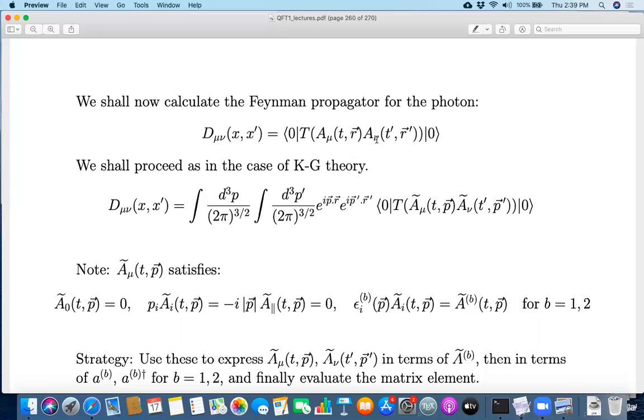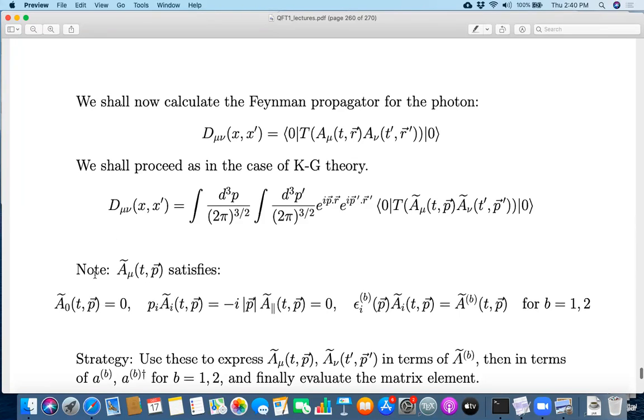And to do this calculation, we will proceed exactly as in the case of the Klein-Gordon theory. Namely, we will first write this D mu nu in terms of its Fourier transform. And it will be understood that when I say you calculate the time ordered product of A mu and A nu, of course not all components are quantum variables. The ones which you have set to 0 will still be regarded as 0.